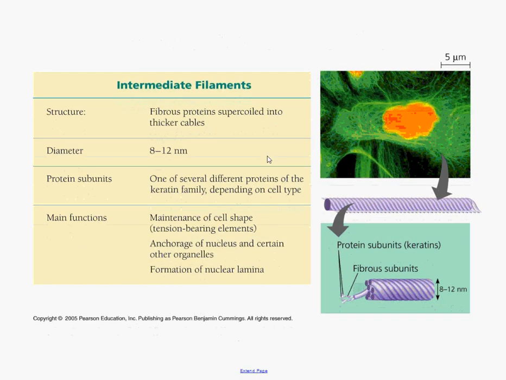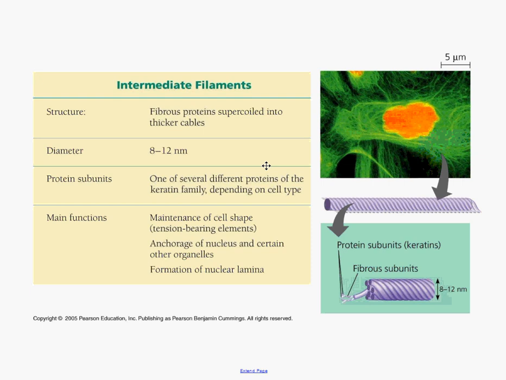And then the last of the cytoskeleton elements that we'll look at are called intermediate filaments. These can be made of different proteins. One of the primary ones that we'll look at is called keratin. Keratin, you're probably familiar, is found in hair and in fingernails and that sort of thing. The intermediate filaments are permanent solid structures, whereas the actin filaments can be broken down and built back up again.